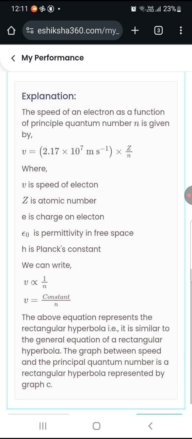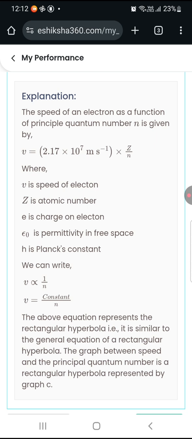Explanation: the speed of an electron as a function of principal quantum number n is given by V equals 2.17 into 10 to the power 7 m s to the power minus 1 into Z by n, where V is the speed of the electron, Z is the atomic number, e is the charge on the electron, epsilon naught is the permittivity of free space, h is Planck's constant.